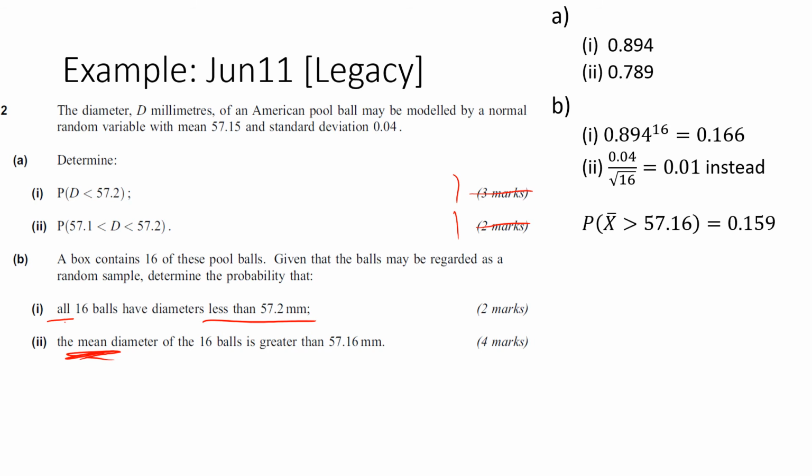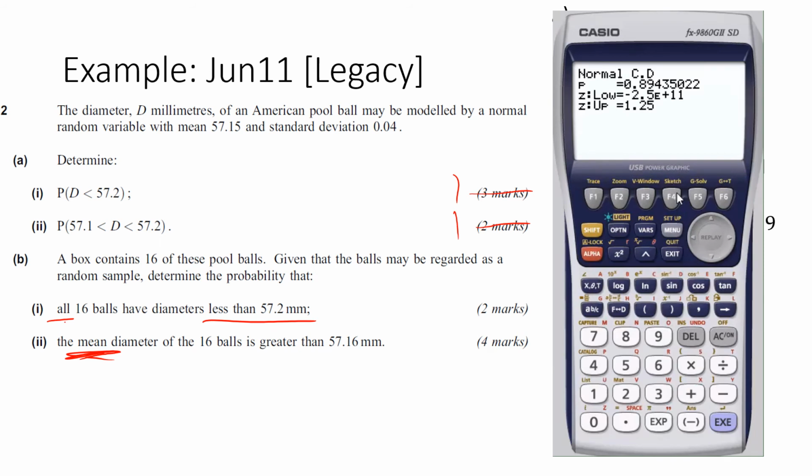So on your calculator, if you put 0.01 as your sigma, still with 57.15, greater than 57.16, that will be your lower. 1 times 10 to the 10 is your upper, will give you 0.159.